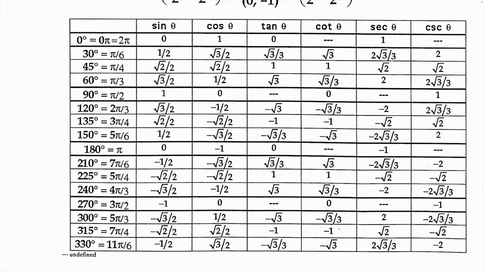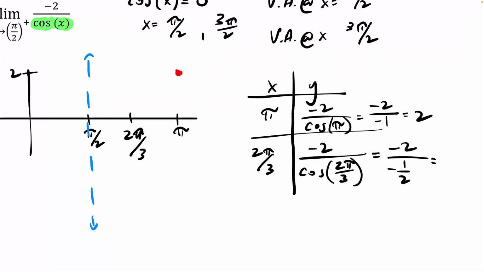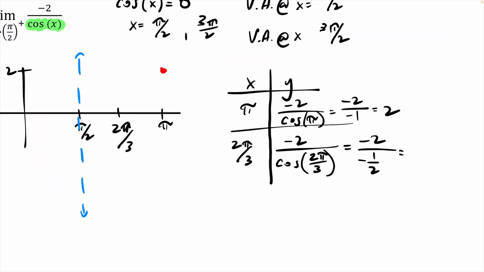So we have -2 divided by -1/2, right? How do we divide fractions? Keep, change, flip, right? So keep -2, change it to multiplication, and flip -1/2.